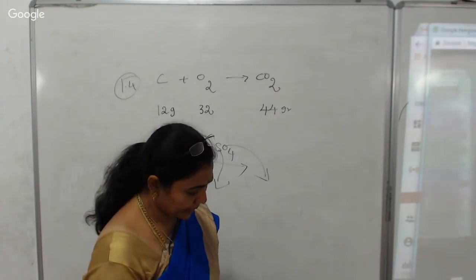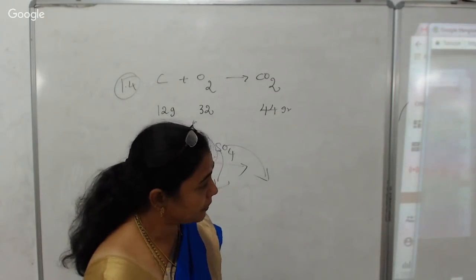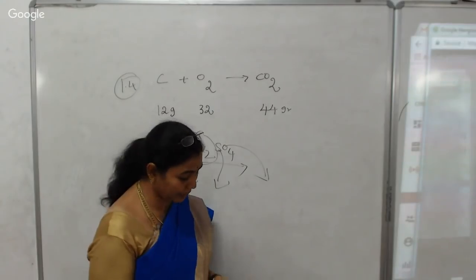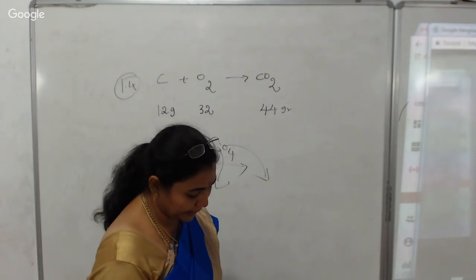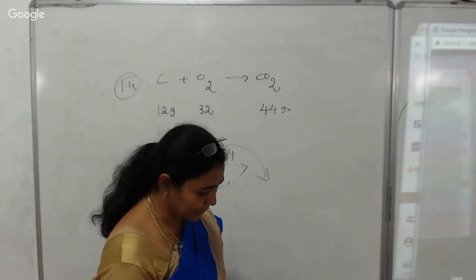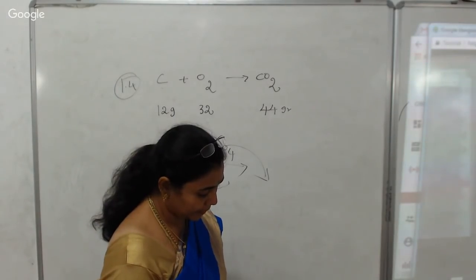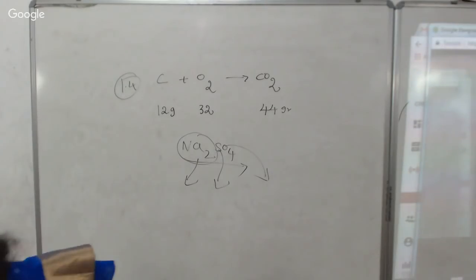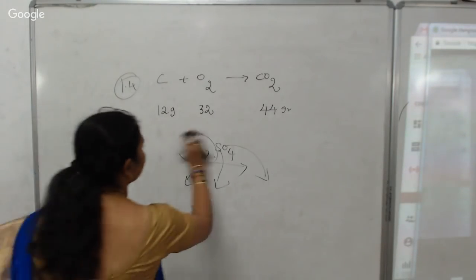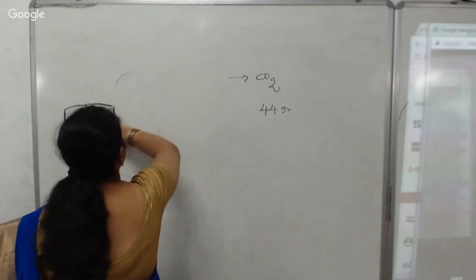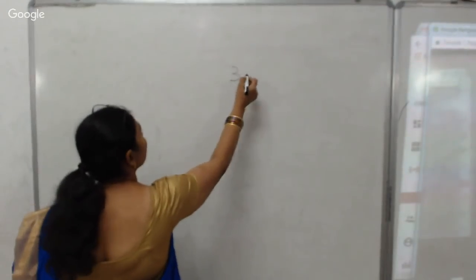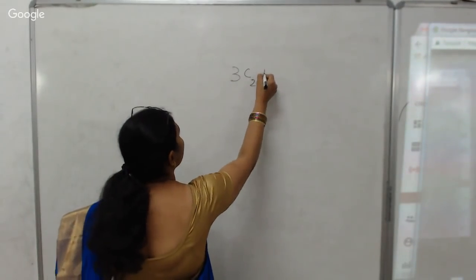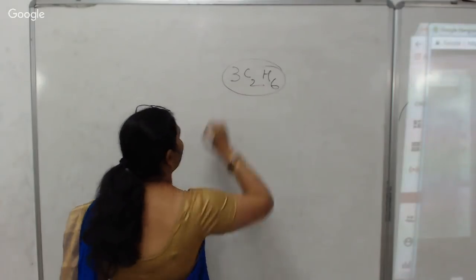Right. Yeah, see 1.10. This is also like a stoichiometric calculation. 3 moles of ethane, that is C2H6, calculate the following. Okay, 3 moles of ethane. How will you write 3 moles of ethane?